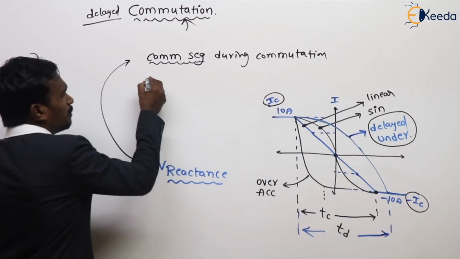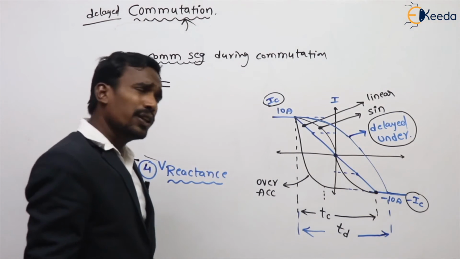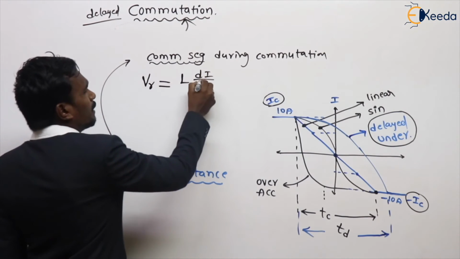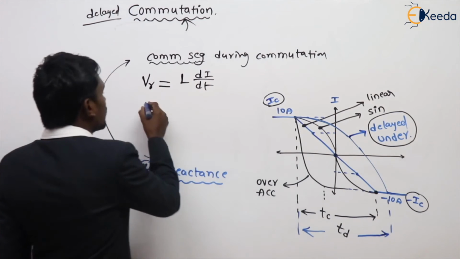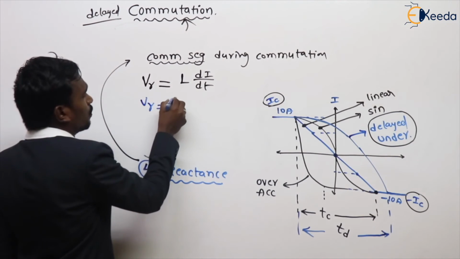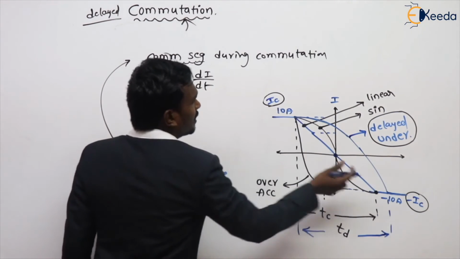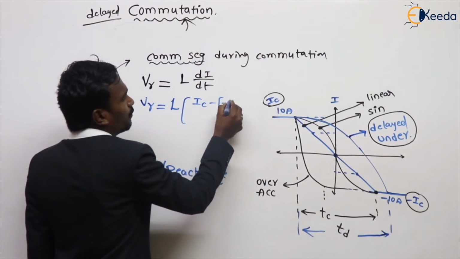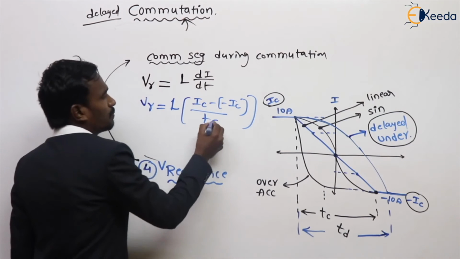So, what is the value of reactance voltage? We know that generally V is equal to L into di by dt. This is the actual voltage. So the reactance voltage is equal to L into the change in current. The change in current is IC minus of minus IC, and the time is the commutation period.